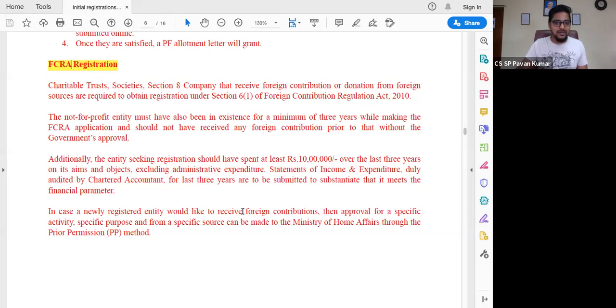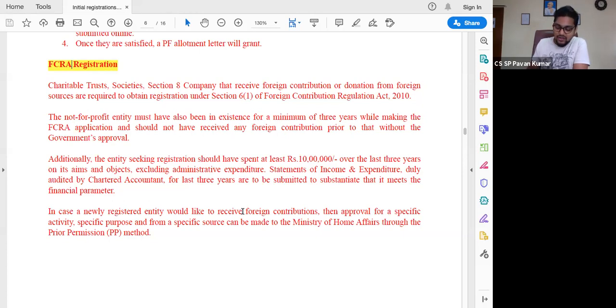We have to make an application, and on their approval, you will be allotted this FCRA registration. Every year it becomes mandatory for every NGO to file an FCRA return with the RBI, saying that we've got so much foreign contribution.